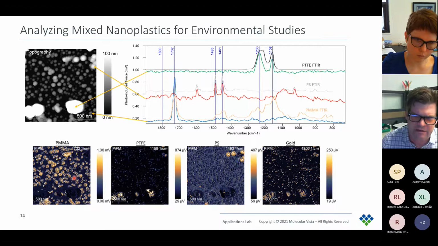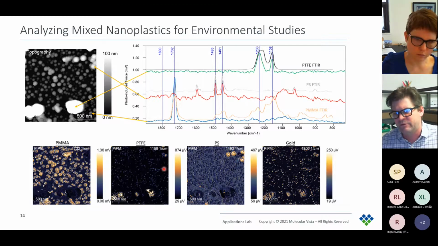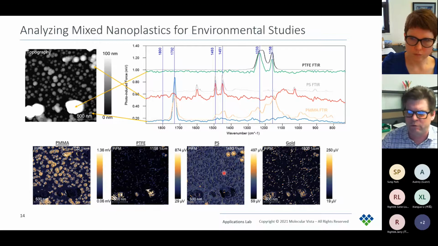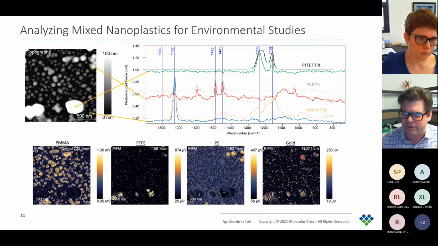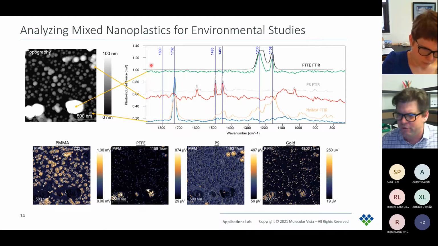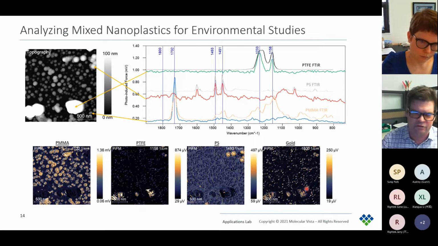And you can see that again if we take fixed wave number images at a wave number that is unique to one of those 3 materials. Now, the gold's a little different. Gold's not going to have a nice IR response in these wave number ranges. So you're going to get a little bit of contrast for gold at all wave numbers because it's going to be pretty flat. So here we're just highlighting off resonance, at 1800, where nobody has a resonance absorption peak, where we're seeing potentially gold.